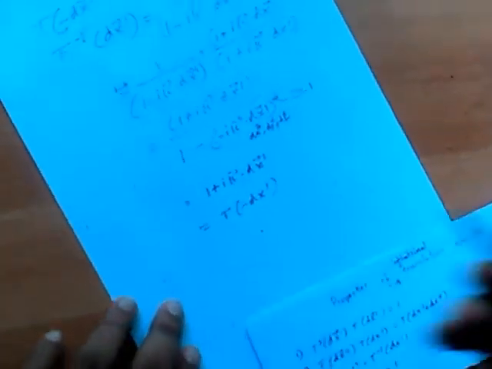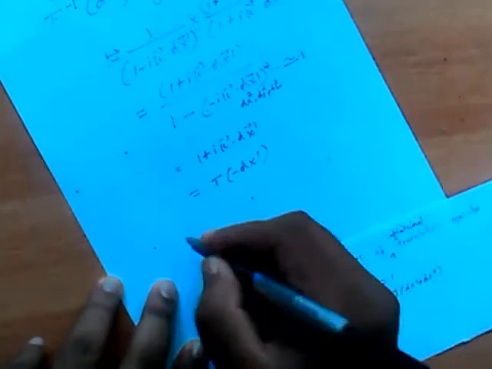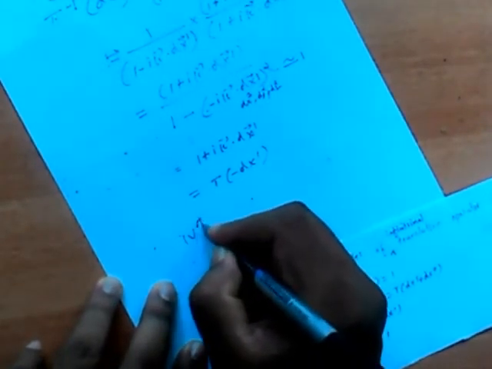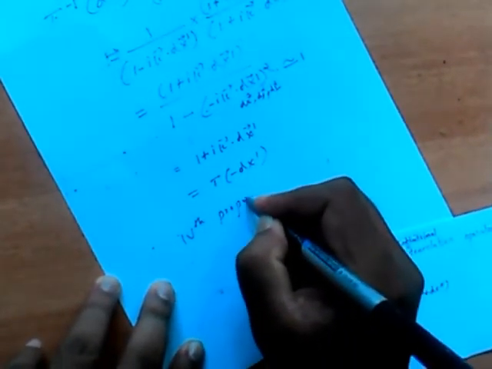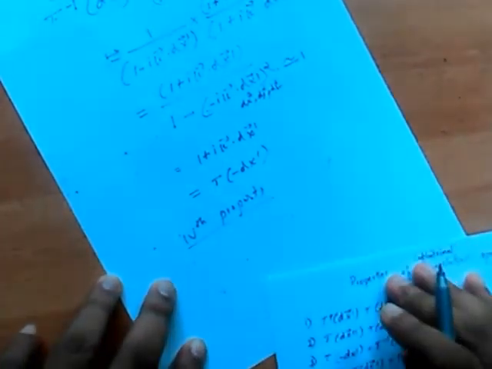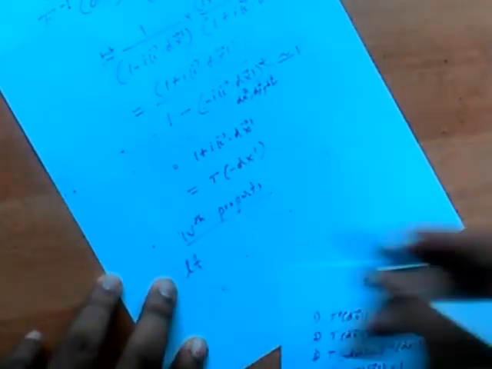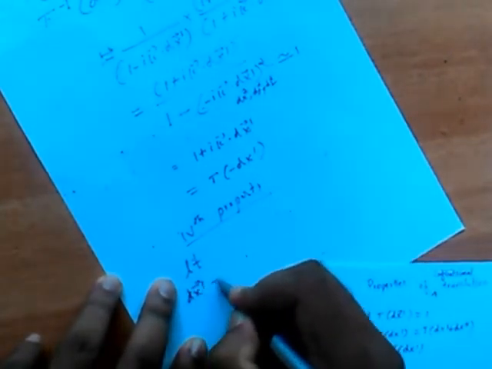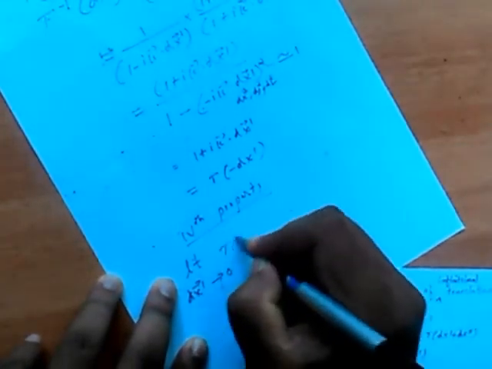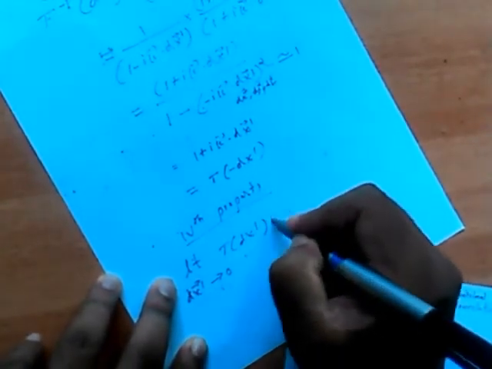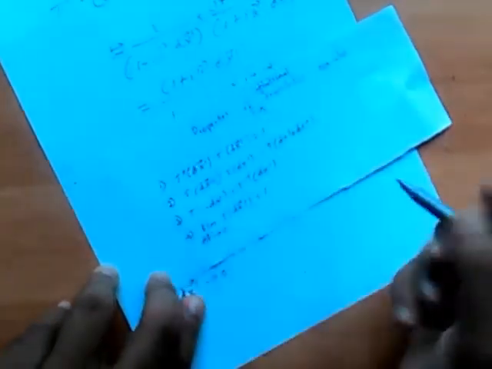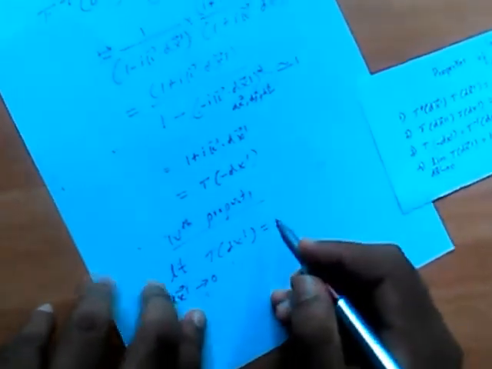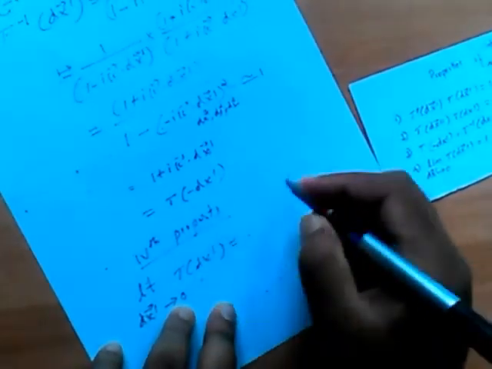Then finally the fourth property: the limit as dx' tends to 0 of T(dx') equals 1.